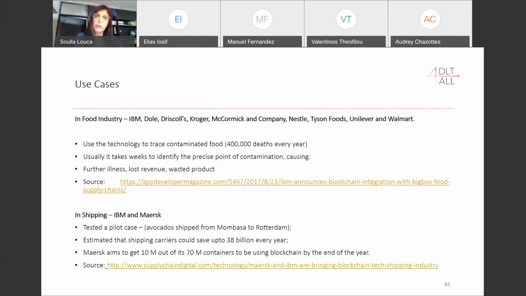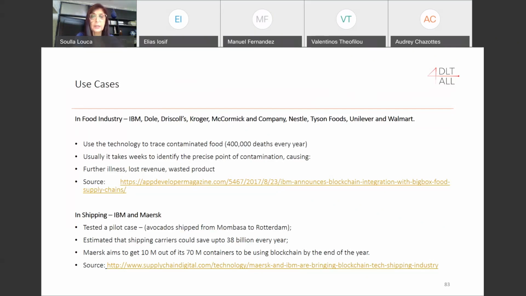In collaboration with IBM, which provided the Hyperledger technology, these companies used blockchain technologies to trace contaminated food.